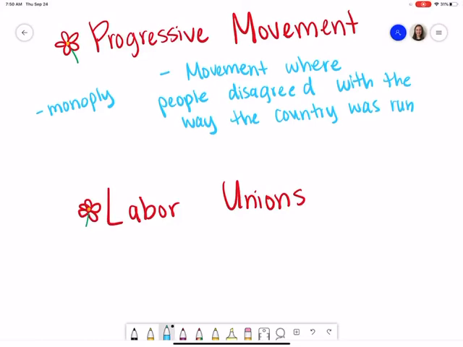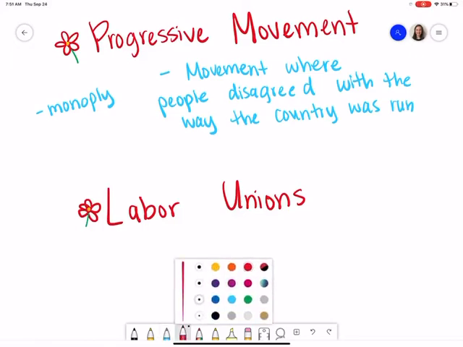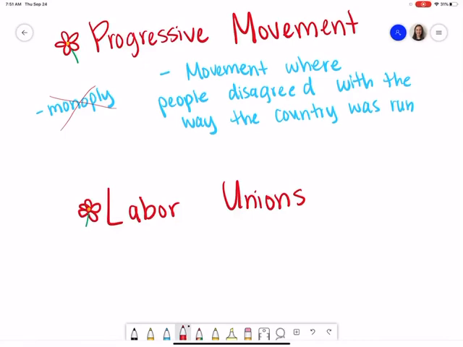So there were a few people that had a lot of wealth, and there were a lot of other people that had very little wealth, okay? So there were a few very rich people and a lot of people that were poor at this time, okay? So people wanted that to end, and that's why they wanted to cancel monopolies, okay?